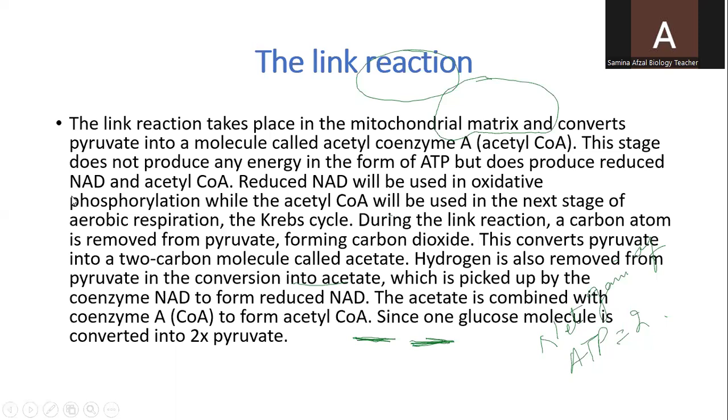Now we will move towards the next stage, which is the link reaction. It is called the link reaction because it joins glycolysis with the Krebs cycle. The link reaction takes place in the mitochondrial matrix and converts pyruvate into a molecule called acetyl coenzyme A. This stage does not produce any energy in the form of ATP, but does produce reduced NAD and acetyl-CoA.